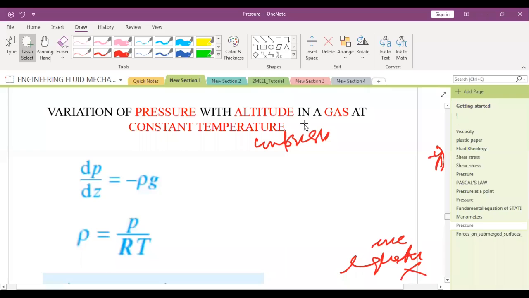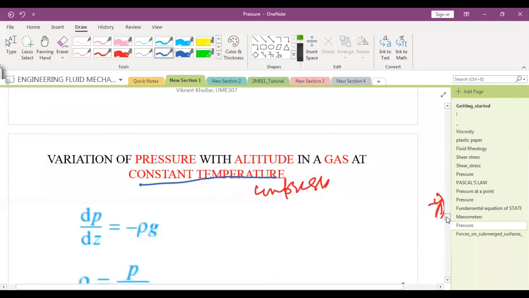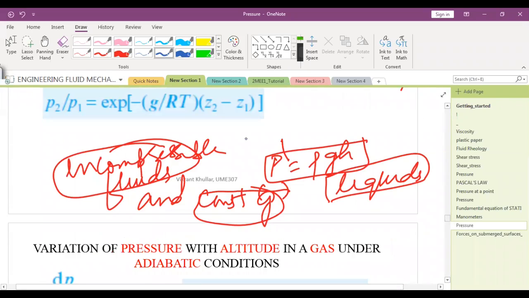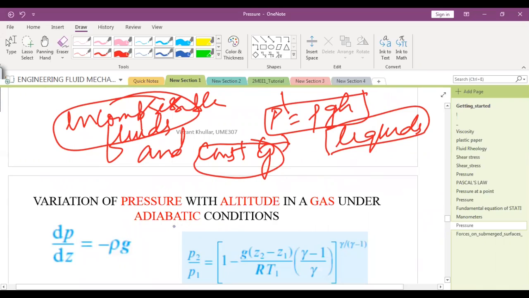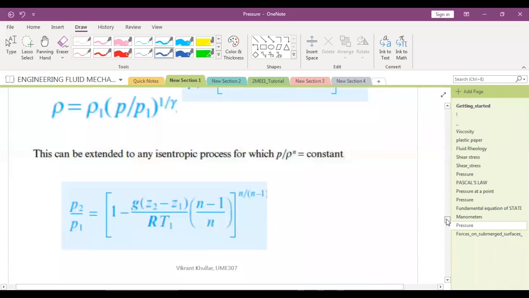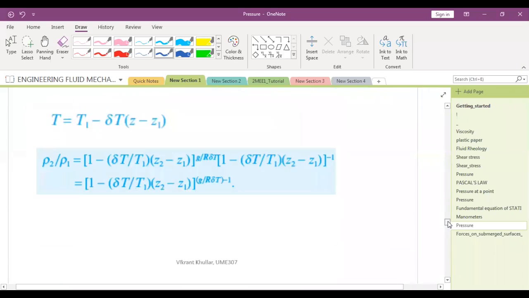So this was the case of constant temperature. That is, if temperature is a constant, then how can you proceed? This expression comes out to be for a constant temperature gas. Then you can have similarly for adiabatic conditions, or in general for any kind of polytropic process.